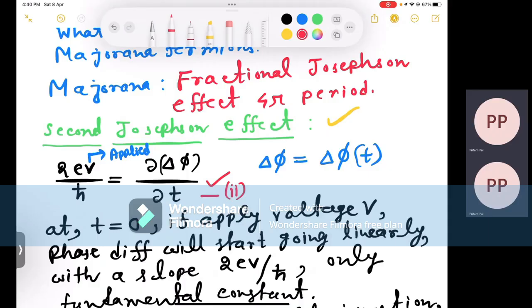In the first Josephson equation, the phase was constant. If you go back to it, you will find the phase was not evolving with time. That's why the supercurrent flowing was completely dependent on the phase difference at a particular moment.